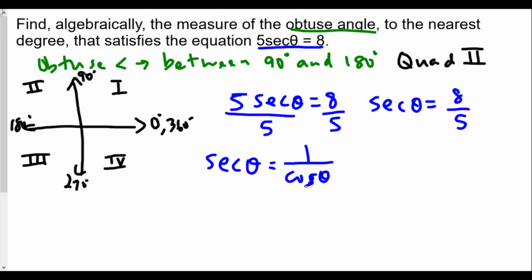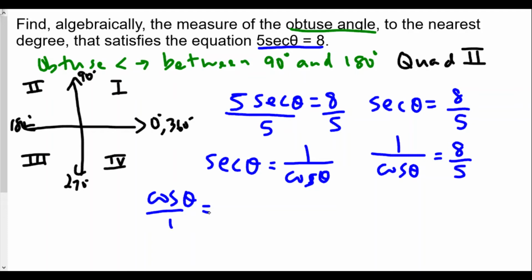So this becomes 1 over cosine theta equals 8 over 5. That means if I flip both of them, I get the equation cosine theta over 1 equals 5 over 8.